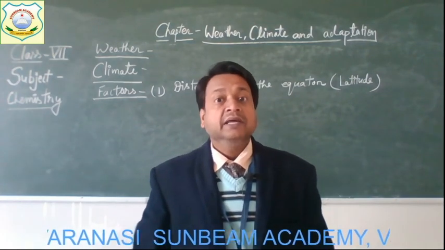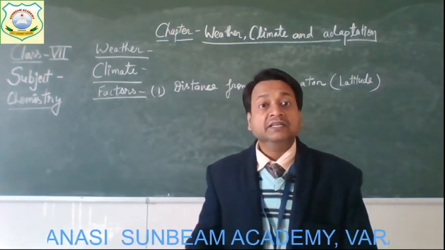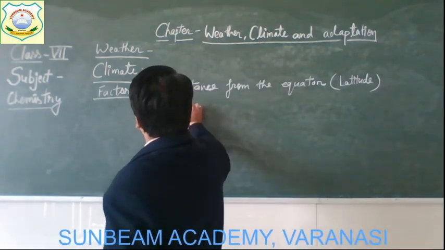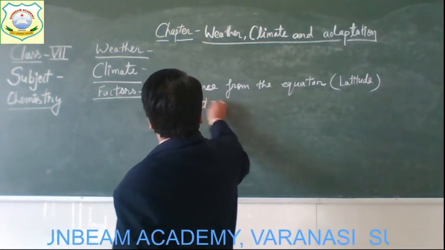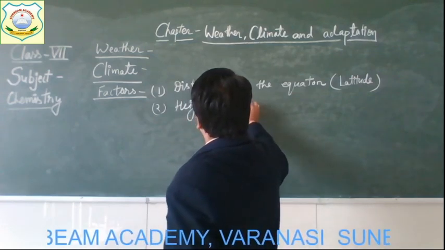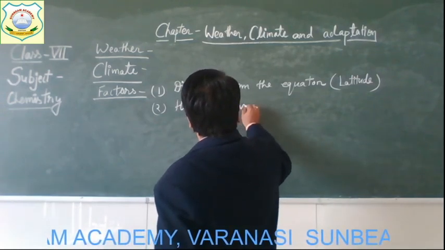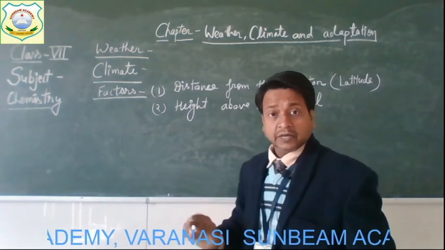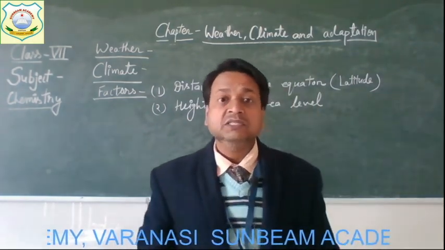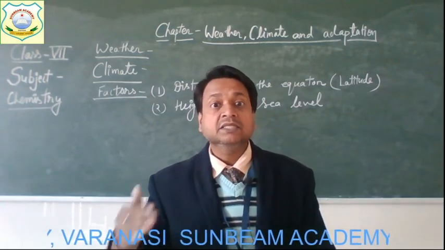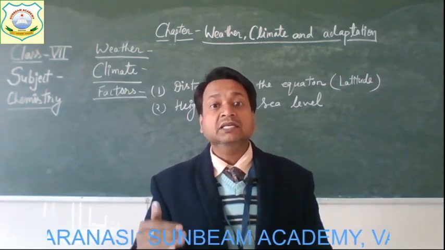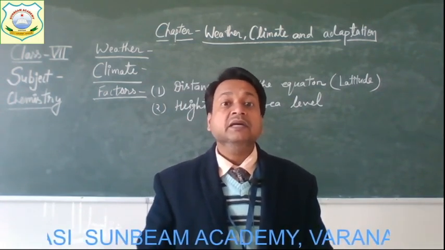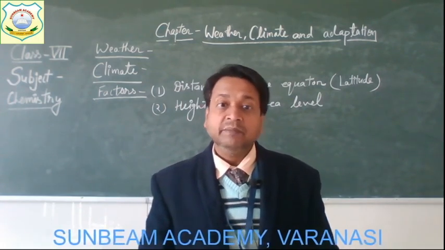The second factor is height above sea level. The place is situated at how much height from the sea level is also one of the important factors to decide the climate of that place.